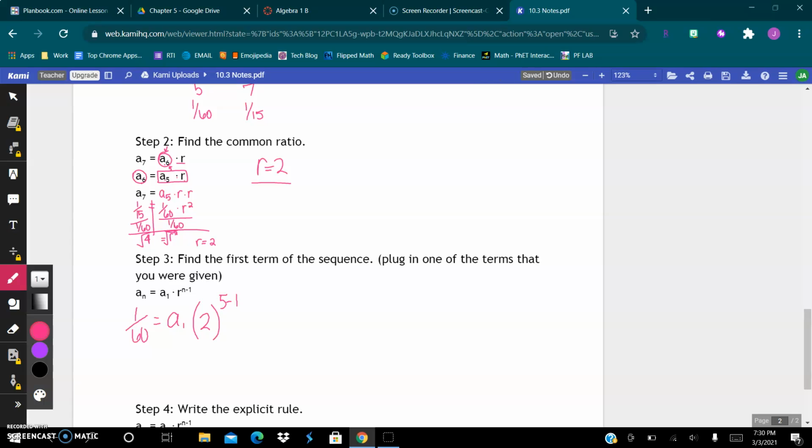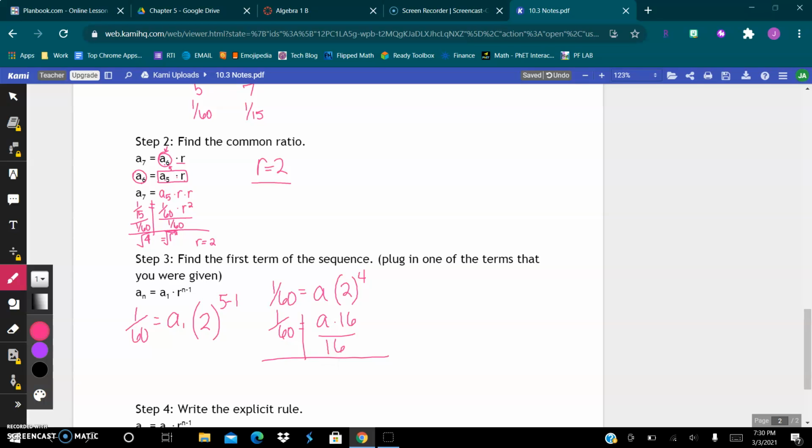So now 1/60th equals a times 2 to the fourth power. 5 minus 1 is 4. 2 to the fourth power is 2 times 2 times 2 times 2. So 2 times 2 is 4, times 2 is 8, times 2 is 16. So 1/60th equals a times 16.